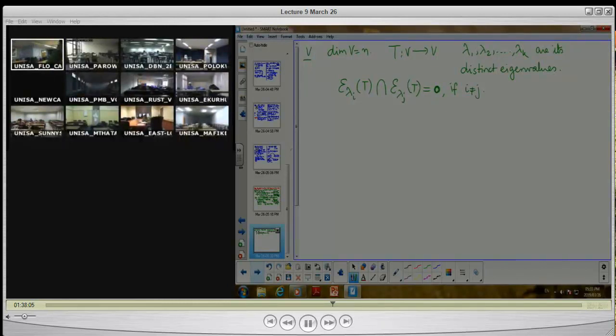Why can I be equal to j? Yes, but if I is equal to j, they will be same. Oh. So what I am trying to say is the eigenspaces.